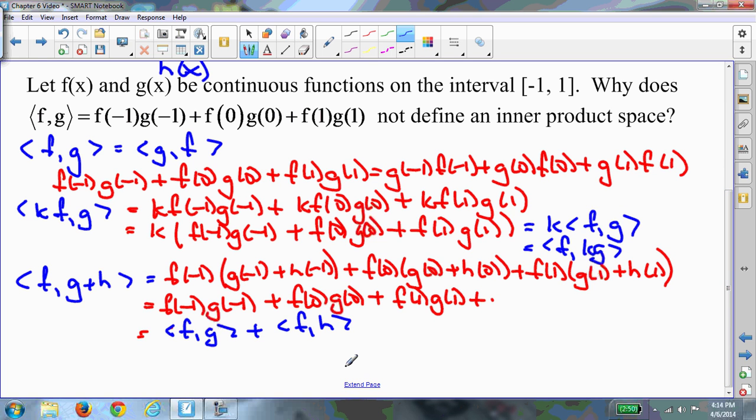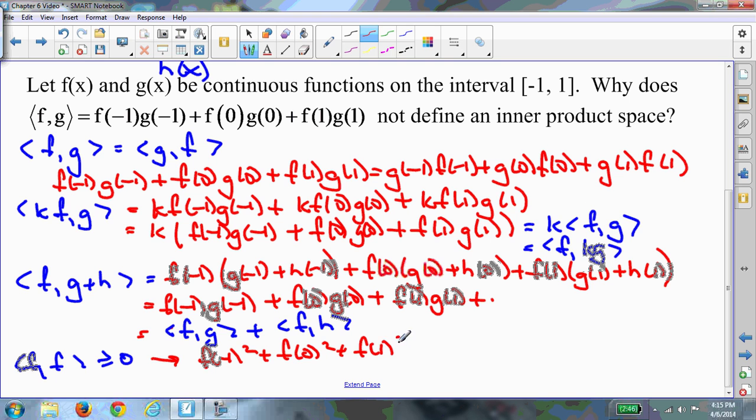So that leaves us just the last one that needs to be checked. The last one says <f, f> has to be greater than or equal to 0. Well, this is true because <f, f> is equal to f(-1)^2 + f(0)^2 + f(1)^2. And since these are all squared quantities and they're being added, this has to be greater than or equal to 0.